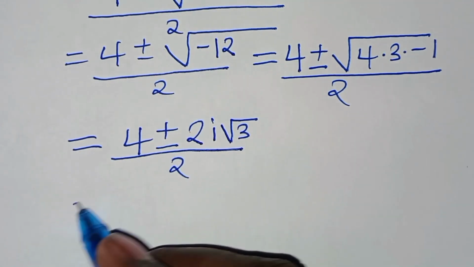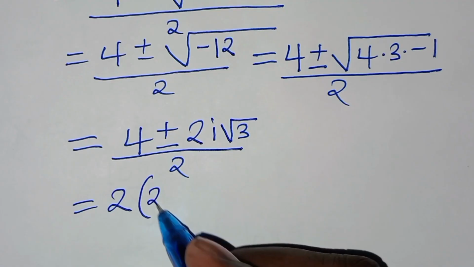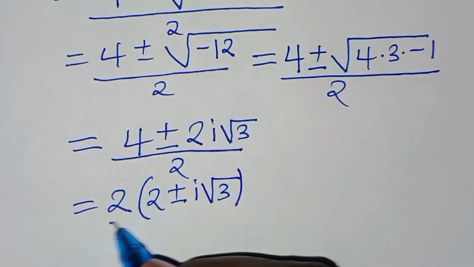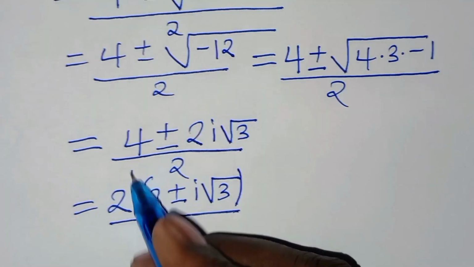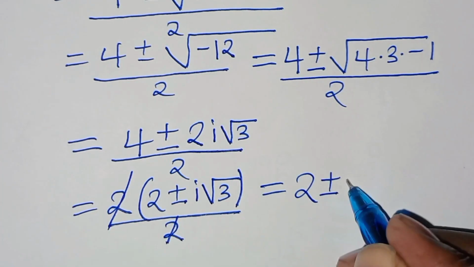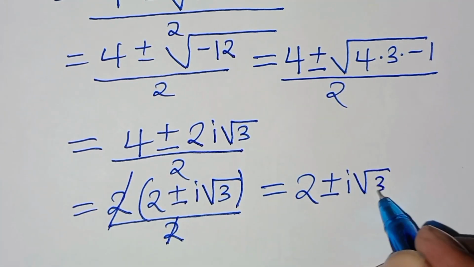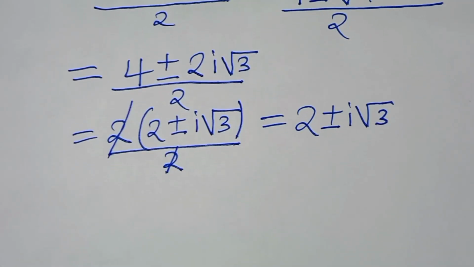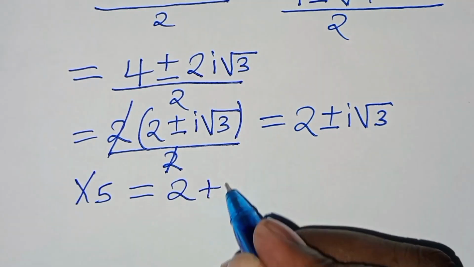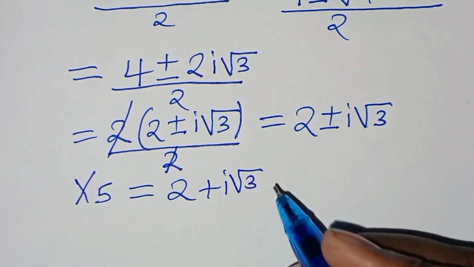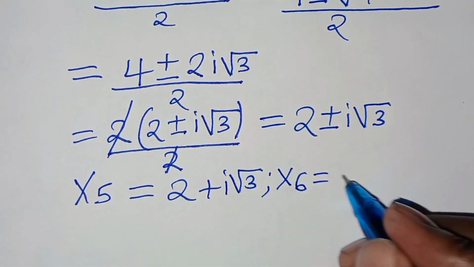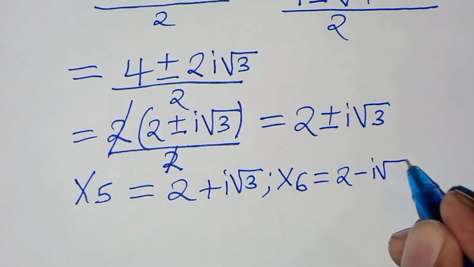So we can factor out 2 here, so that we'll have 2 plus or minus i square root of 3 divided by 2. So 2 and 2 simplifies, so that here we have 2 plus or minus i square root of 3. So this implies that x5 is equal to 2 plus i square root of 3. And we have that x6 is equal to 2 minus i square root of 3.